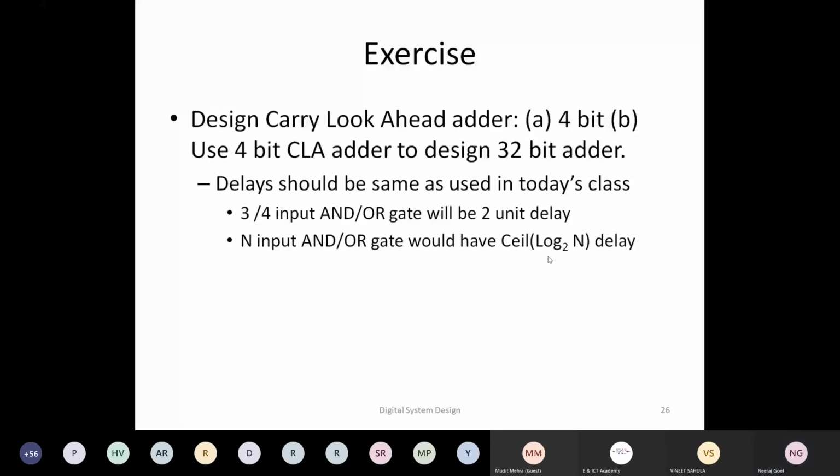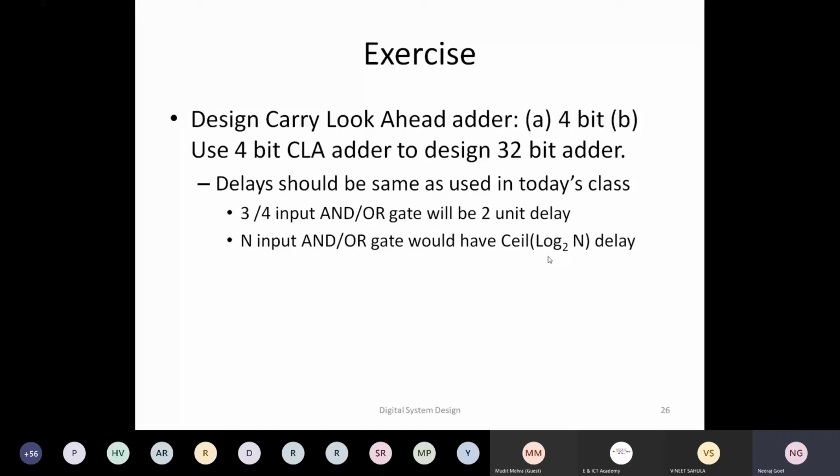So if the number of inputs is 5, 6, 7, or 8, the delay would be 3. And if it is more than 8, from 9 to 16 inputs, the delay would be 5, and so on and so forth.